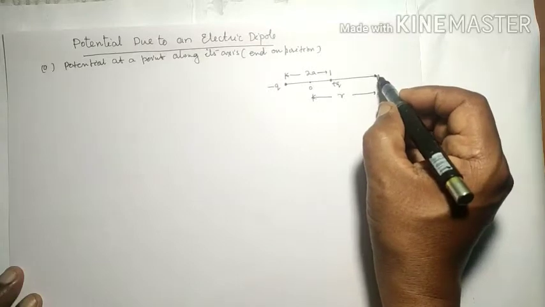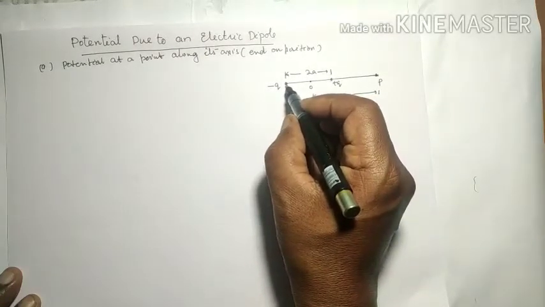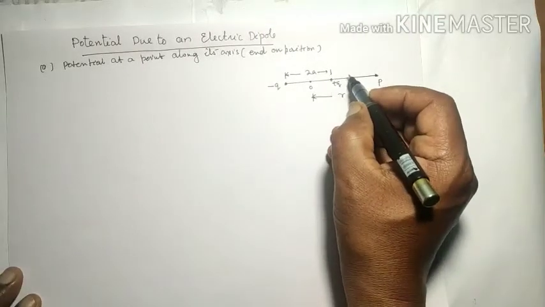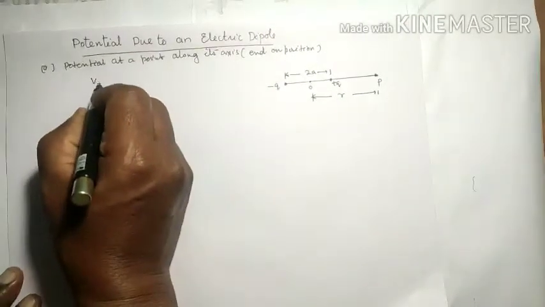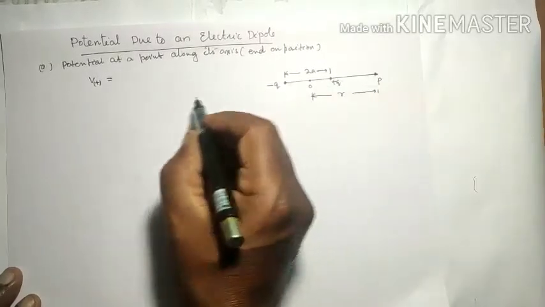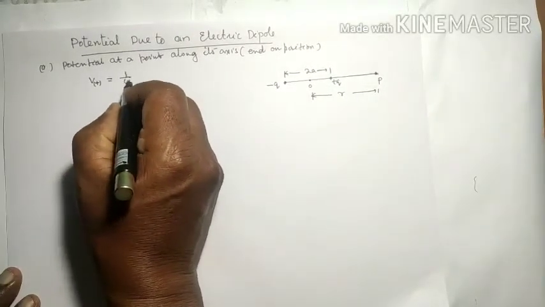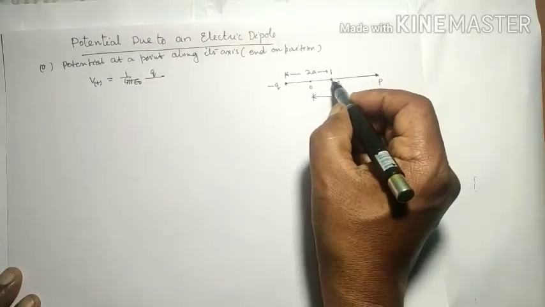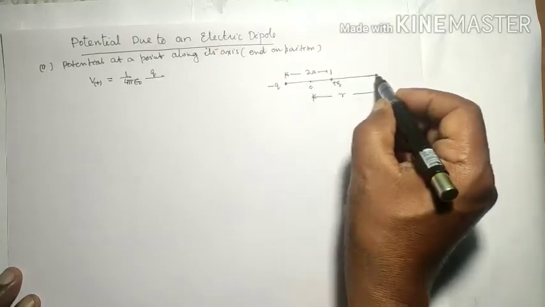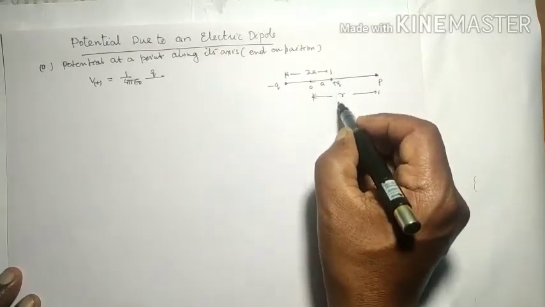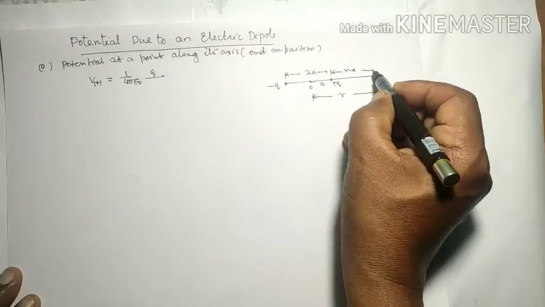Let the potential at P due to charge minus q be V minus, and the potential at P due to charge plus q be V plus. Distance of P from plus q is r minus a.